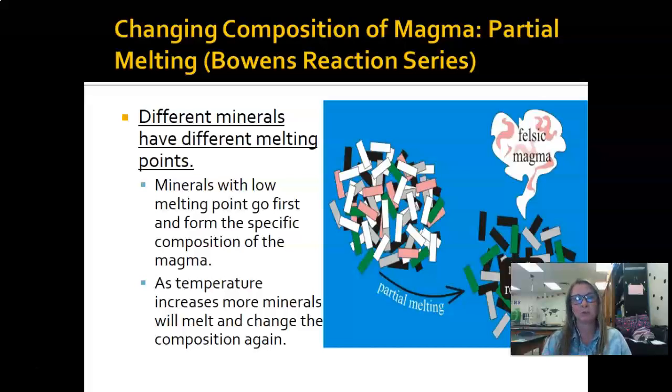You might remember from our last conversation the idea of Bowen's reaction series, which is the idea that certain minerals form at different pressures.